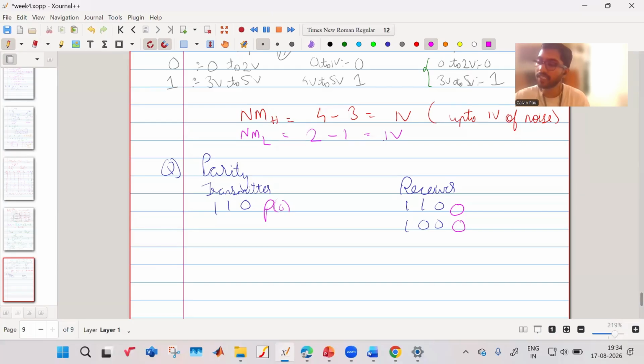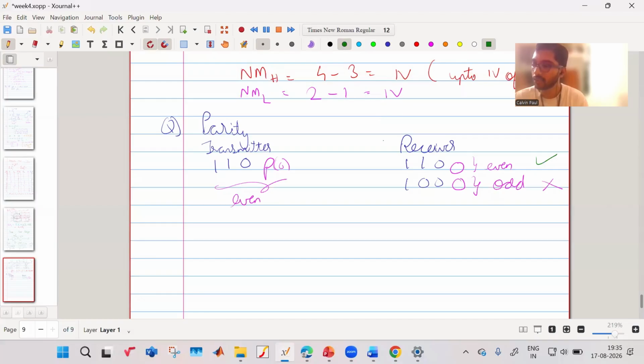We studied odd function and even function. This is an even value, but on the receiver side, we got it to be odd. So then we know that there has been an error. Otherwise, everything is fine.